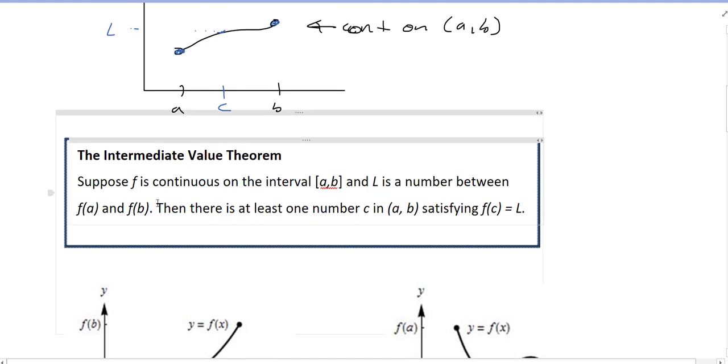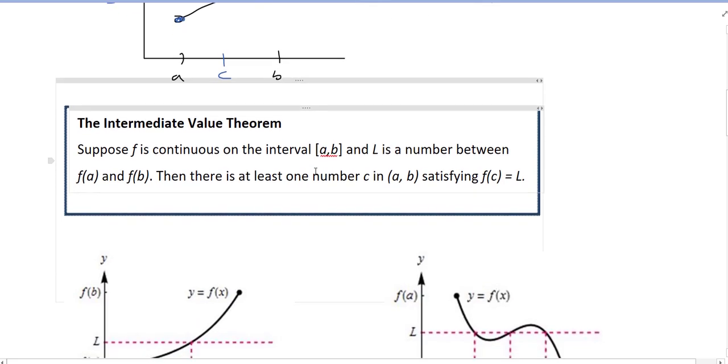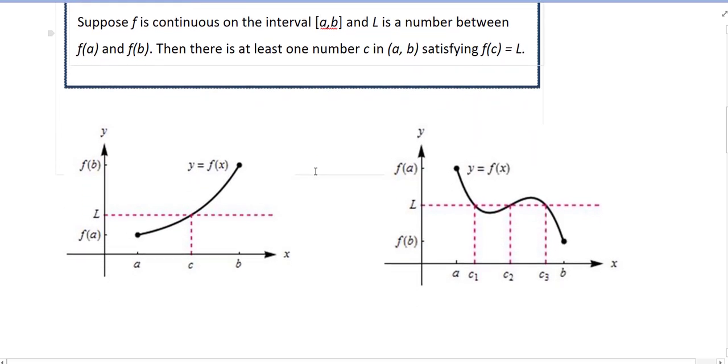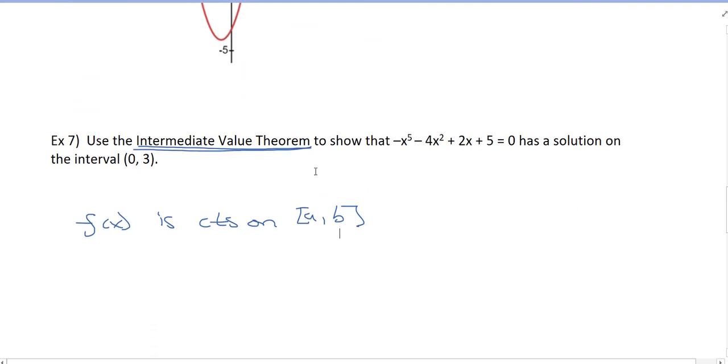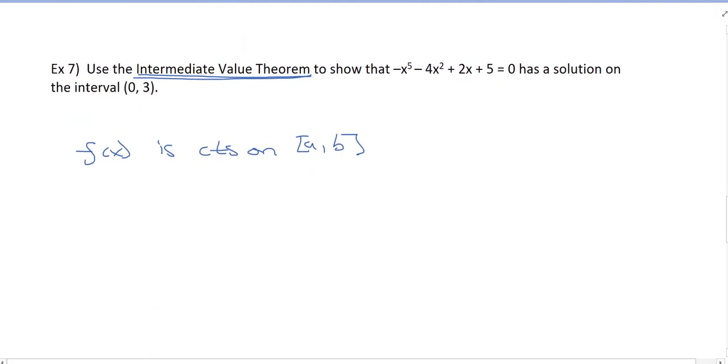So let's go here. Suppose f of x is continuous on a closed interval [a, b] and L is a number between f of a and f of b, then there's at least one number c satisfying f of c equals L. So f of x is continuous on [a, b], and we have f of a is less than L less than f of b, and it just says L is a number in between.